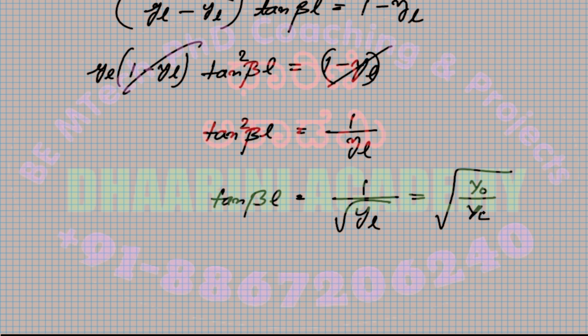Are you okay? That can actually be written in terms of Z, because we don't know Y. When the equations are given, I am supposed to use the Z only. But for calculation purposes, we converted into the Y. Now I'll write in terms of the Z part. So that is ZL by Z naught. Is it okay? So tan beta L is this term.